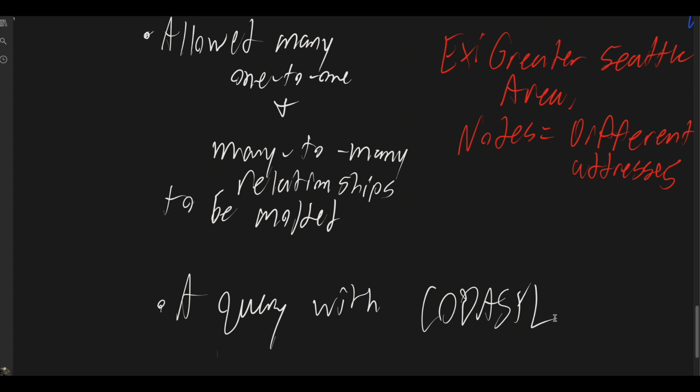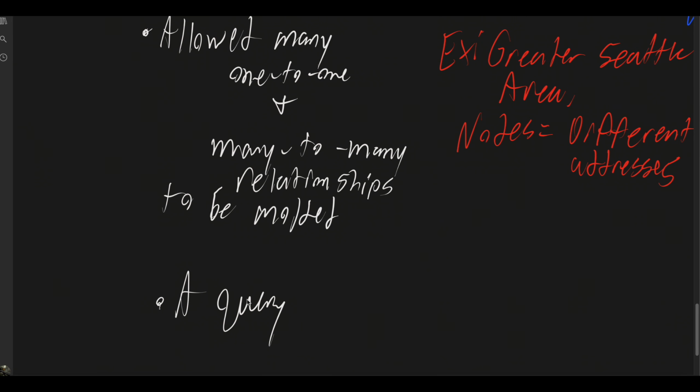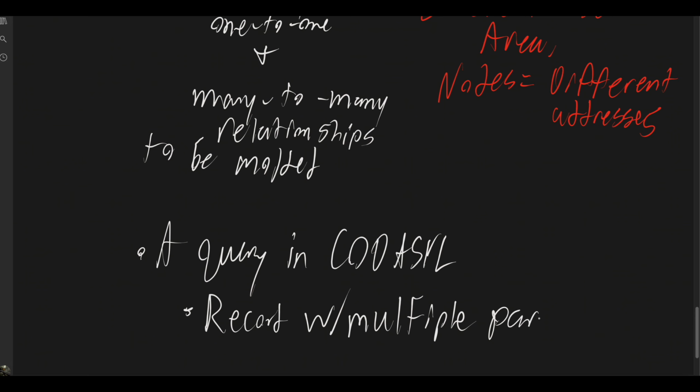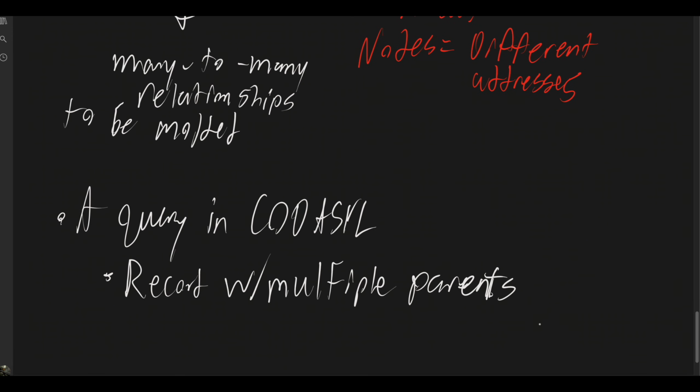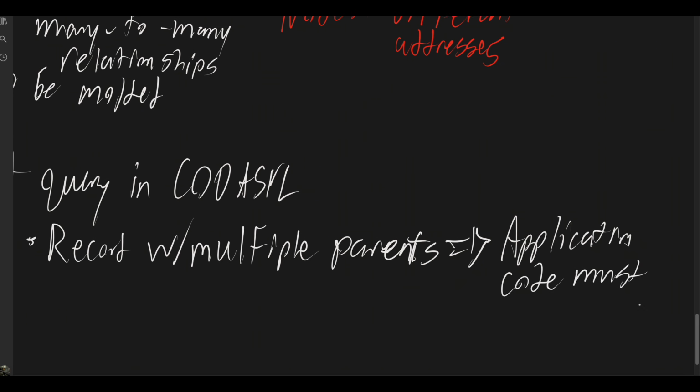If a record had multiple parents, with multiple pointers, the application code must keep track of every relationship.